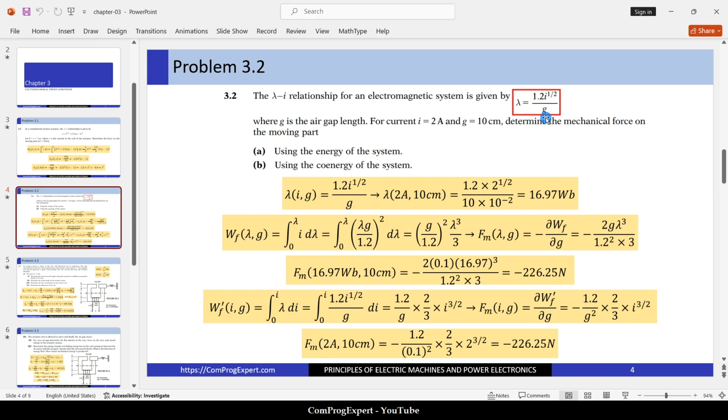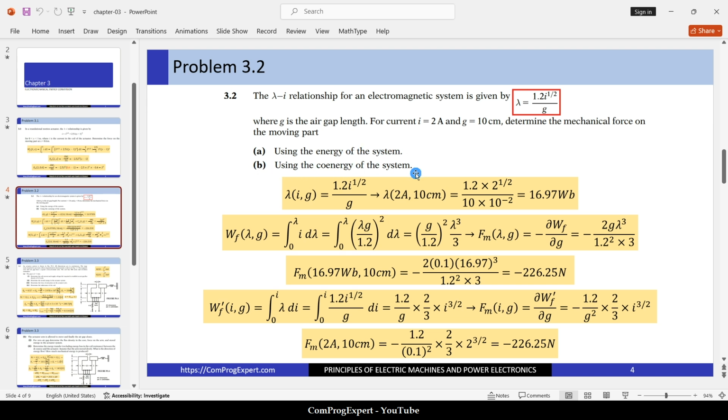Also, we have this position variable, g, the air gap length. For current i equal to 2 amps and g equal to 10 centimeters, determine the mechanical force on the moving part, A, using the energy of the system, B, using the co-energy.